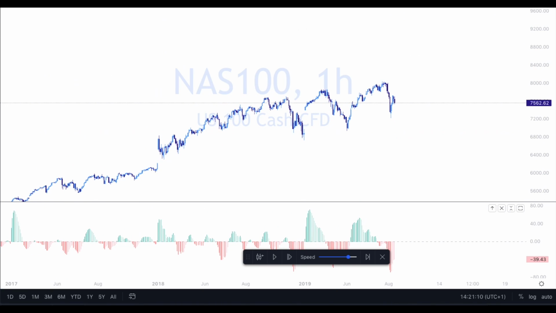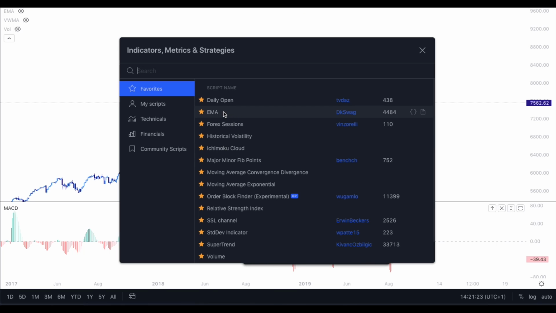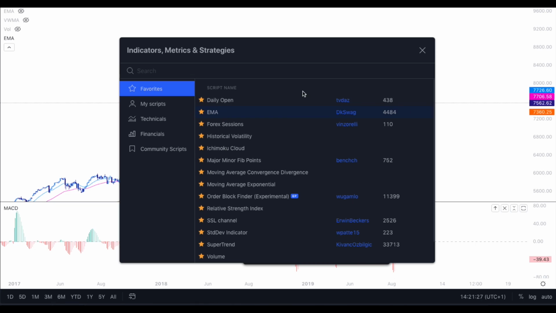Now that we've got the chart back up again, what I'm going to do is bring in the moving average, right? And you know what, I'm going to get rid of the one that I have. I'm just going to bring in a new one. So I'm going to bring in the EMA.